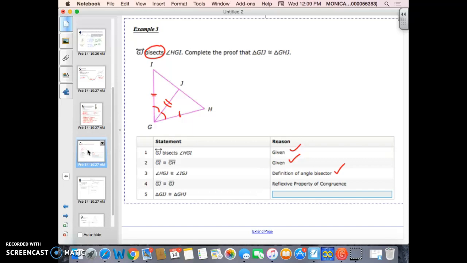Bisect means to cut in half. And then we did also mark this side right here. That's reflexive property of congruence. And so the last thing is telling us, well, how do I know that these two triangles are congruent? Well, I can see that I marked a side, an angle, and a side. So that would be SAS.